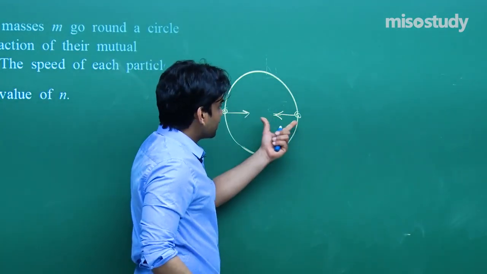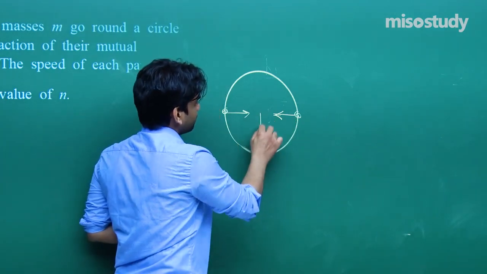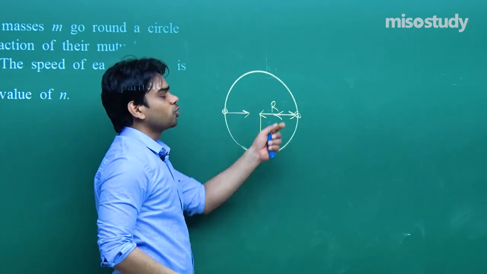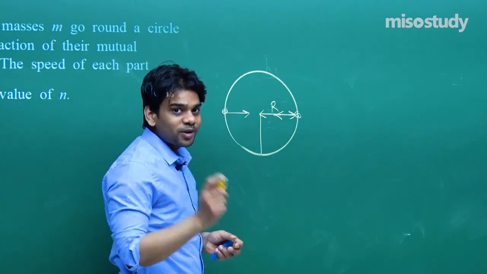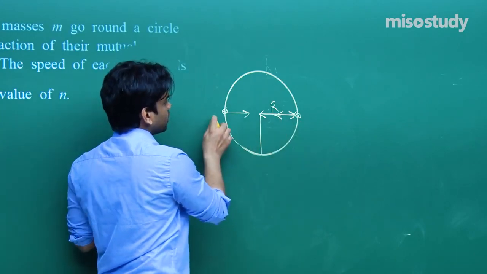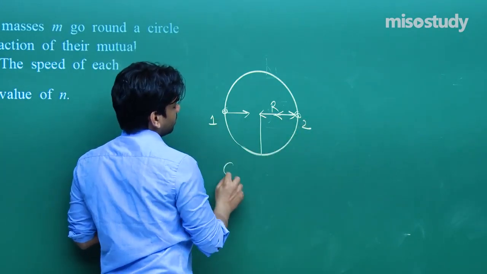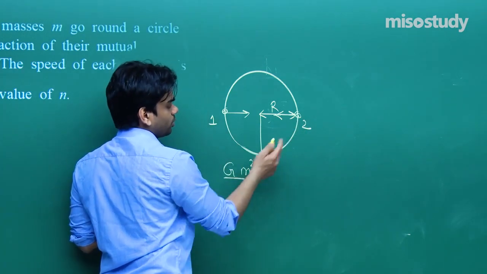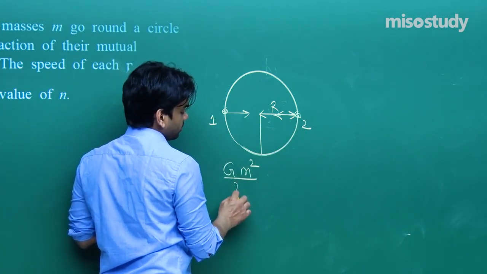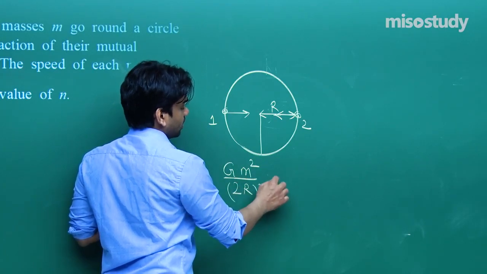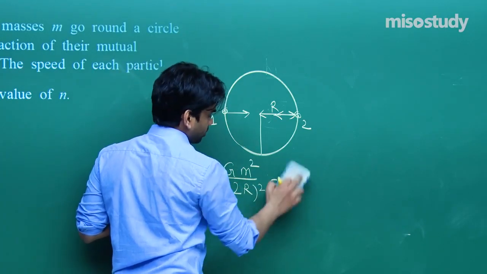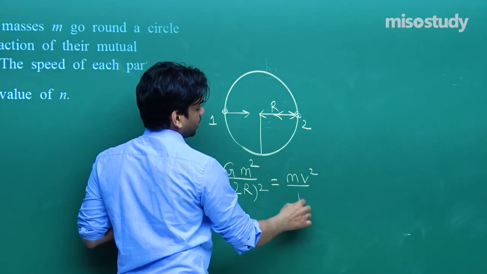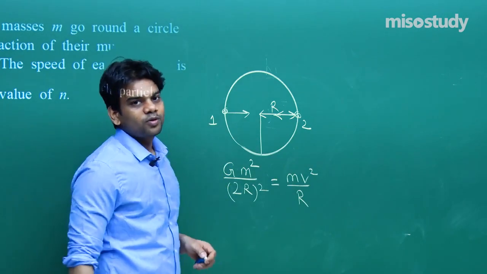Now see here, this is the radius R of the circle. So the distance between the two will be 2R. If I talk about the centripetal force exerted on the second one by the first one, that will be equal to G m into m, Gm square divided by 2R whole square, is equal to mv square by R. The radius will be capital R. We have to find out the value of the velocity, how it is related.